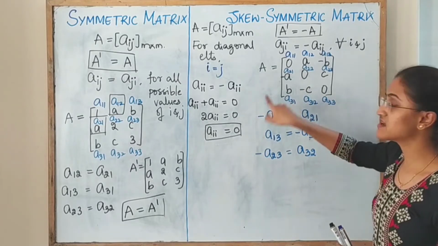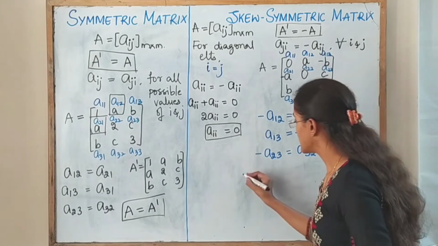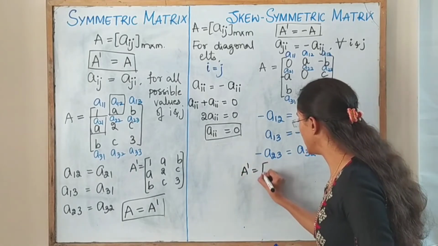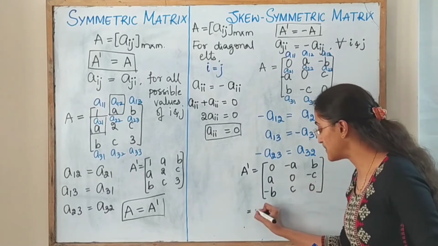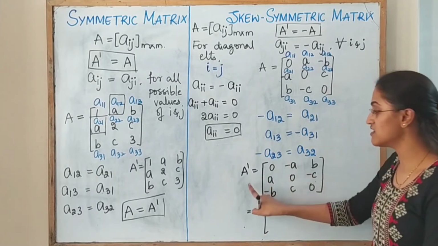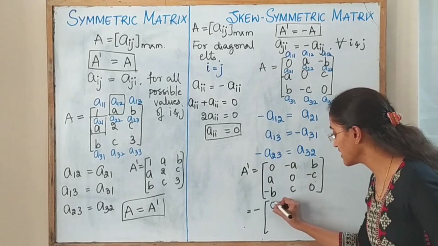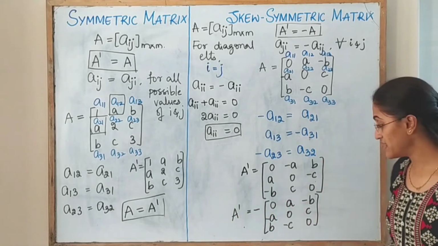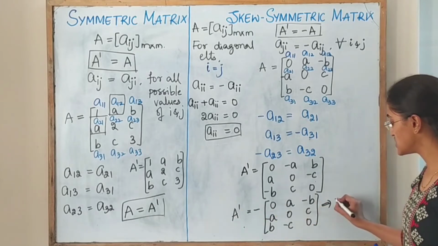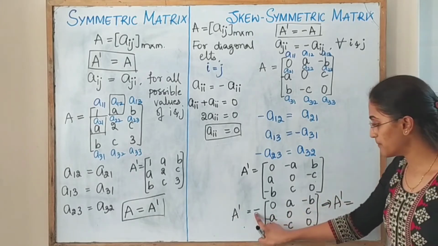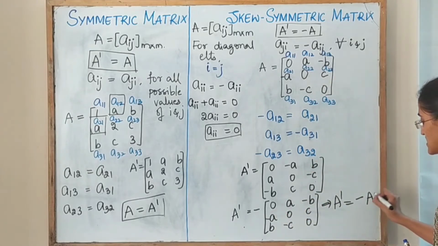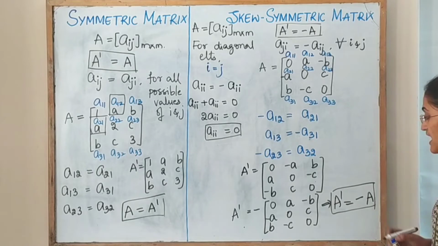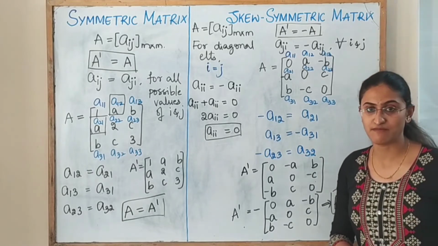Also, if I make the transpose of the matrix, then taking the negative, that is minus, common out of the matrix, you may now notice that A dash will be equal to minus of this whole matrix, which is nothing but the A matrix, and hence we have concluded that A dash is equal to the negative of the matrix A.